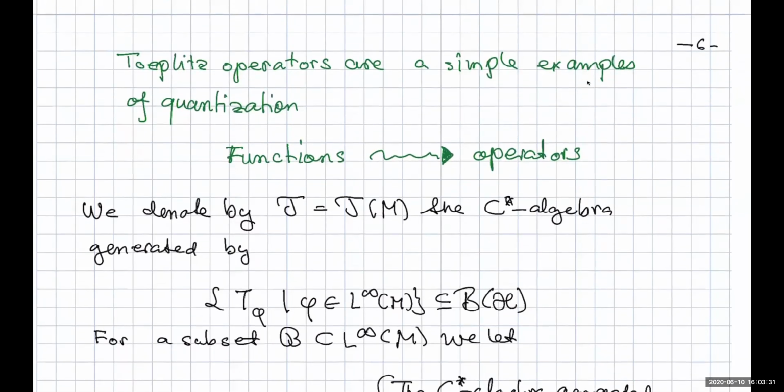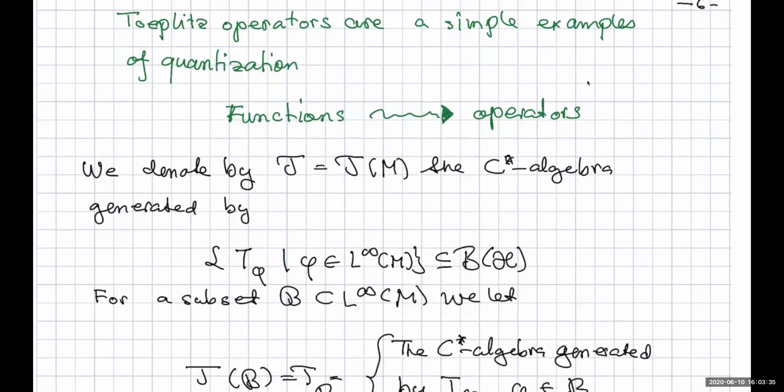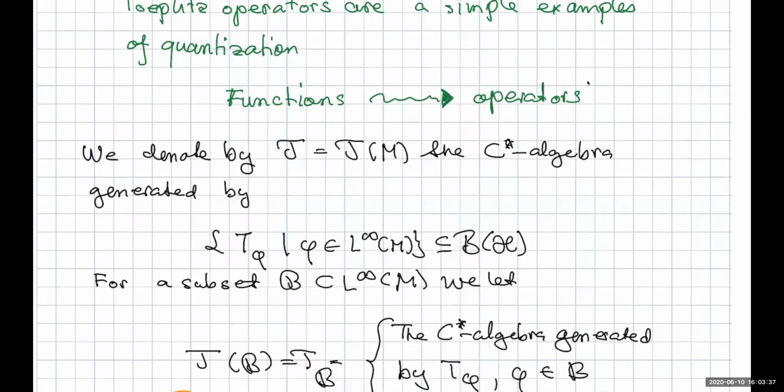But you can also do a different thing. You can also look at a subset. It does not even have to be an algebra. You look at just a subset B of bounded functions, and you look at all the operators coming from that, and then you look at the smallest C-star algebra.